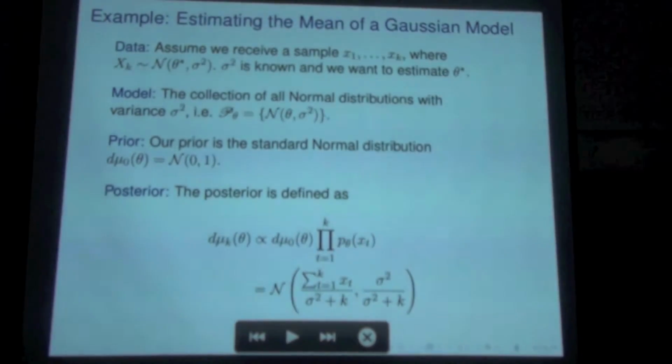Because these are conjugate priors, the beliefs at time k is a Gaussian random variable with this mean and this standard deviation. So the mean is just the empirical mean, the average of the x's, and the standard deviation is something that decays as k goes to infinity, right?